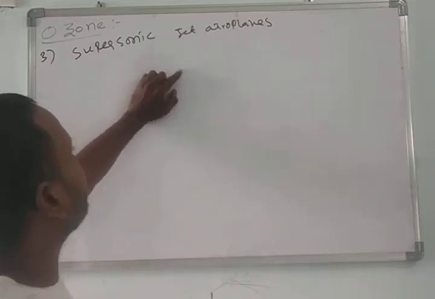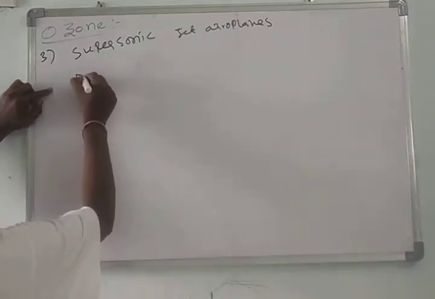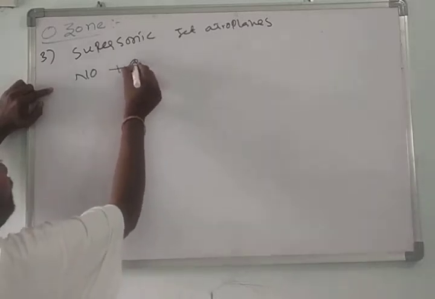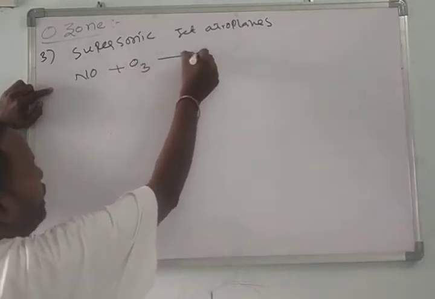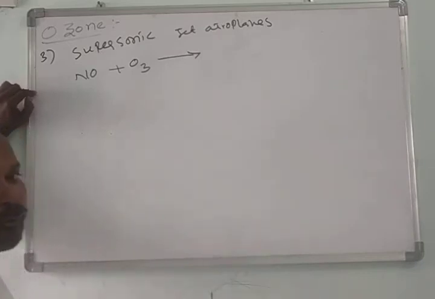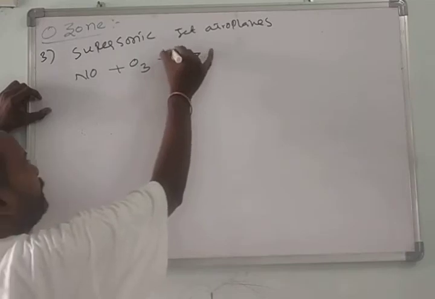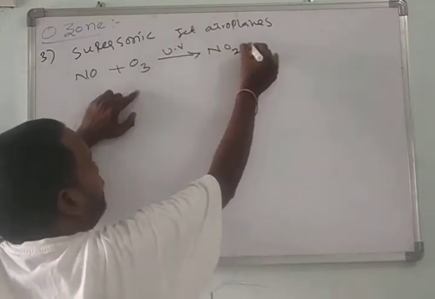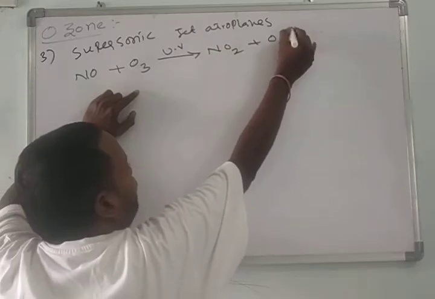The supersonic jet aeroplanes release nitric oxide, NO. This nitric oxide reacts with the ozone in the presence of UV light. What happens here? It forms nitrogen dioxide along with the liberation of oxygen.